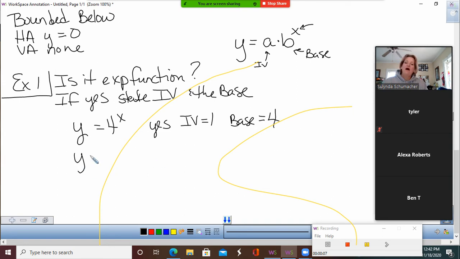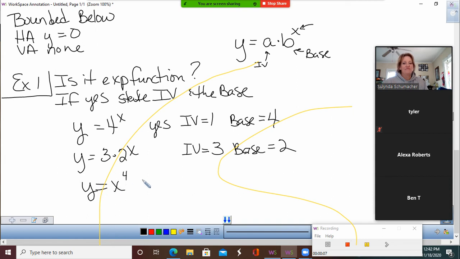So if I have y equals 3 times 2 to the x, very good, IV does equal 3. The base equals 2. All right, but you're going to see one that looks like this. y equals x to the 4th. Is that an exponential function? No, good. Nope.